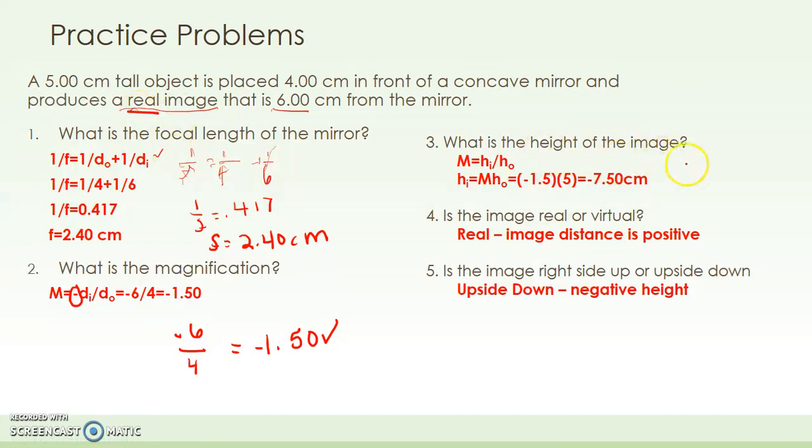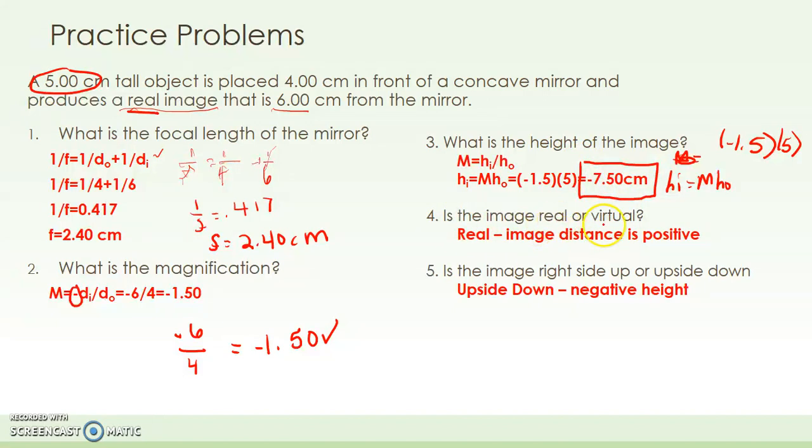It says, what is the height of the image? So we do the same thing for the magnification for height, and rewrite the equation. HI equals M times HO, and so we should get -1.5, because that's what we solved for in the second part, times 5, because that's what the problem tells us, and we should get -7.50 centimeters.